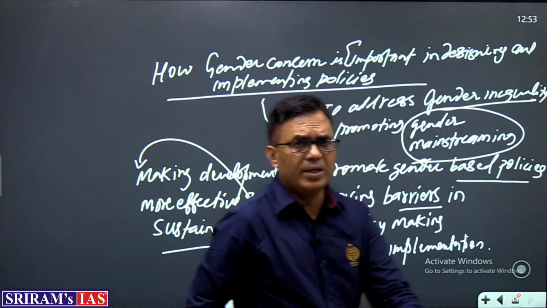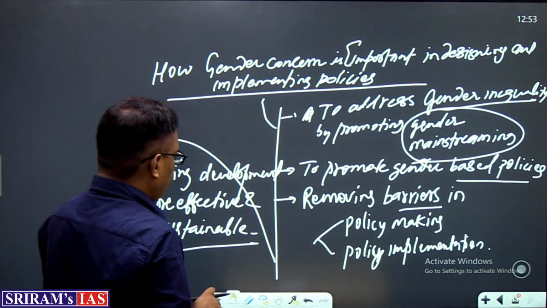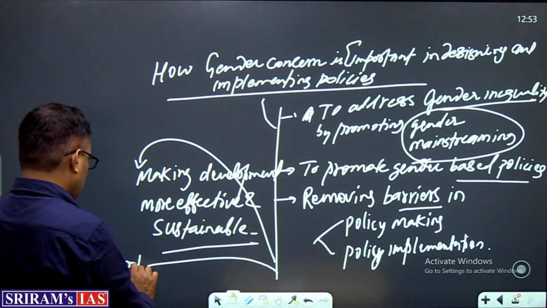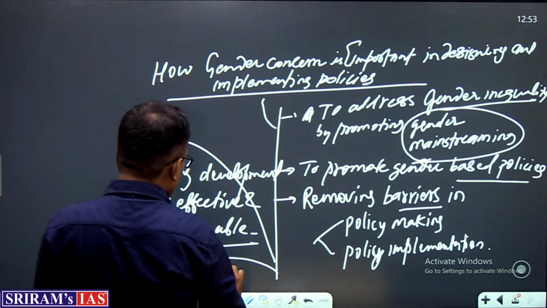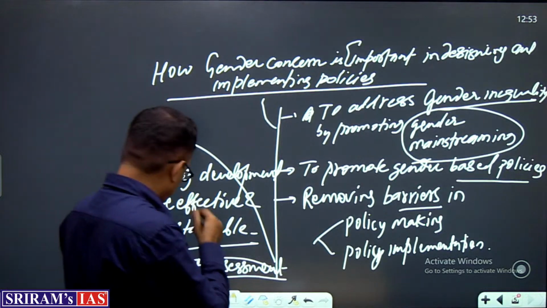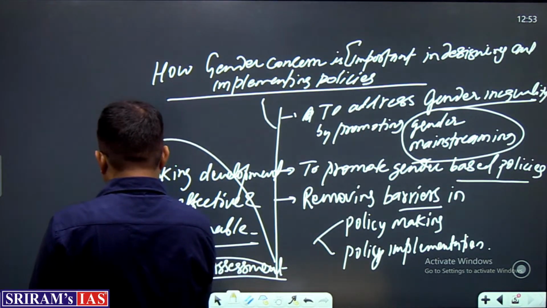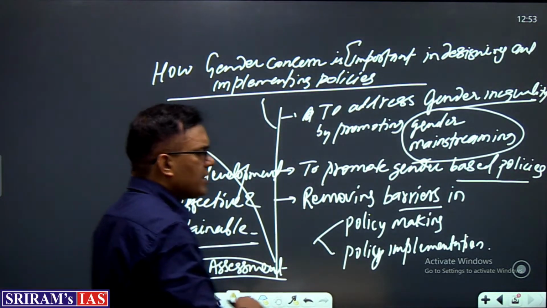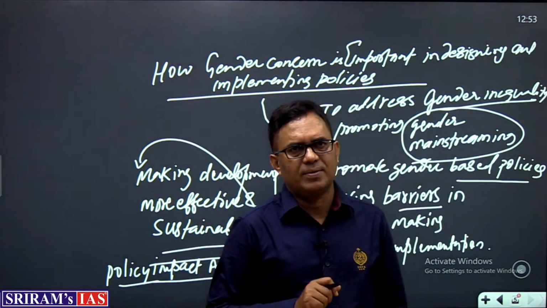And last but not least, many points could be there, but we have to keep in mind the word limits. So next we can say policy impact assessment, and after the policy impact assessment we can also go for follow up action, right or not.